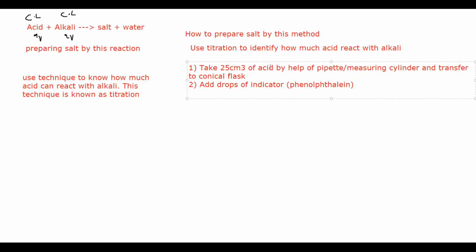Other indicators show a transition of color, for example red to yellow, red to orange, red to green. So it's difficult to identify when all of the red color changes to green or orange. Only 1 or 2 drops of indicator are enough, not too much. We add the drops of indicator using a dropper.